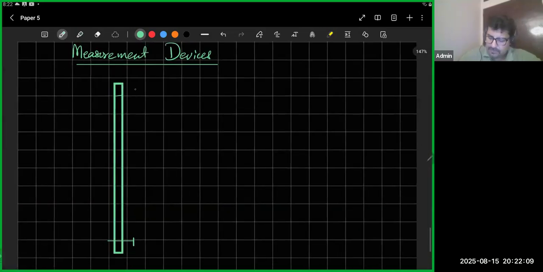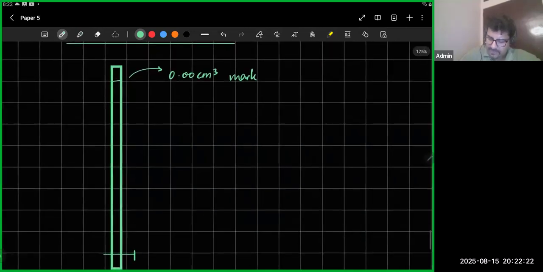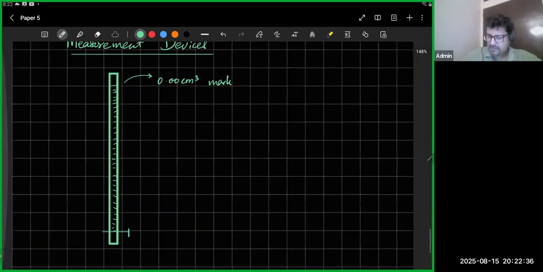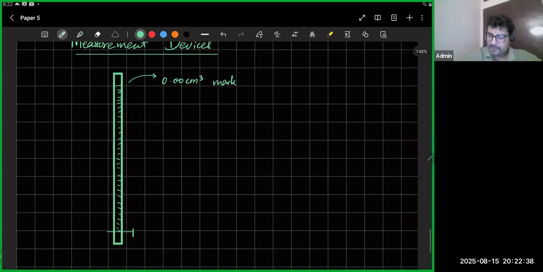Normally the top is the 0.0 cm cube mark, and then you have lots of graduations.